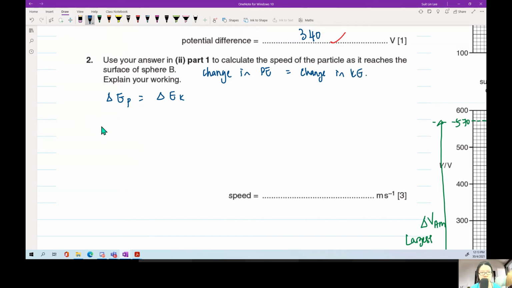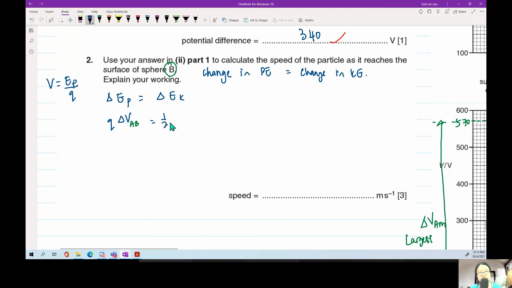Conservation of energy. Change in potential energy is QV. Remember, because V is potential energy per unit charge. But this one is delta change. Charge didn't change, so it's delta V. And we want it to go from surface A to surface of B, so this will be AB.